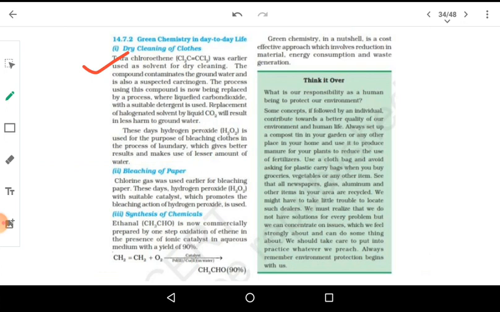Replacement of the halogenated solvent by liquid carbon dioxide has resulted in less harm to the groundwater. So earlier we used tetrachloroethene, which is a pollutant, and now instead we are using liquid carbon dioxide, which is not at all a pollutant. Similarly, we can also use H2O2, that is hydrogen peroxide, in bleaching of clothes in laundry, which gives better results and is also less polluting.